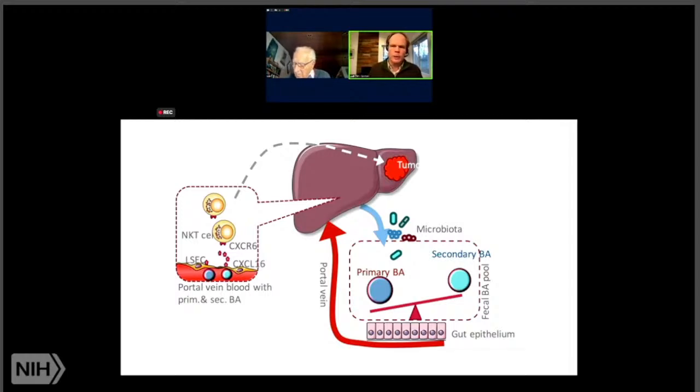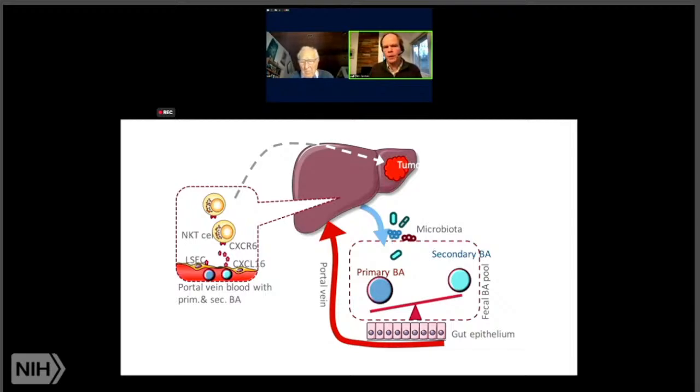And colleagues in Europe have actually shown in a study that the same antibiotics that we used in our mouse model can also change the bile acid composition in peripheral blood from patients that were enrolled in a small clinical trial.